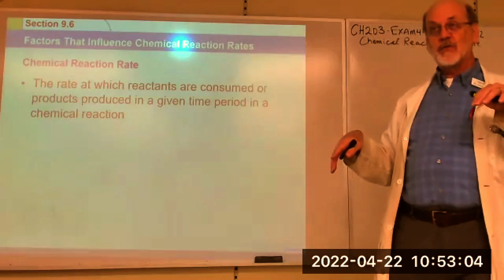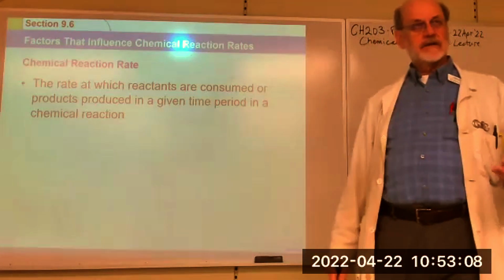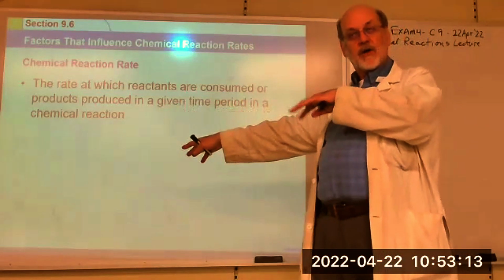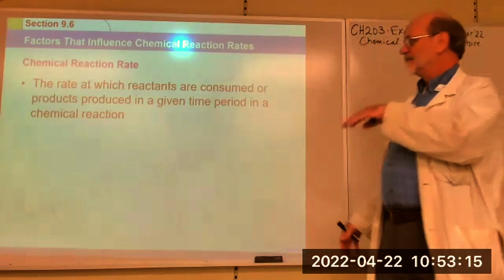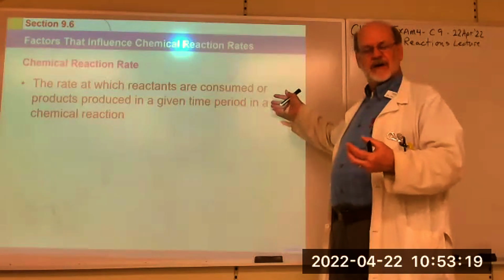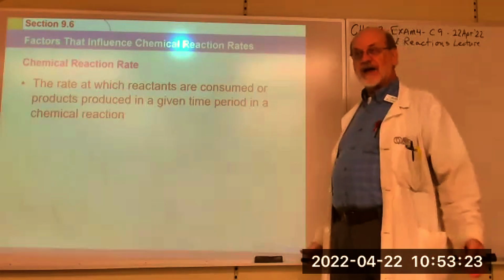The thermodynamic way says, yeah, diamond is unstable. It's going to go to the carbon dioxide. But the reaction rate or kinetics of that process takes a long time.